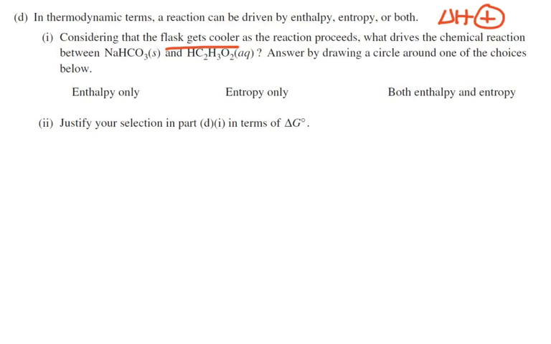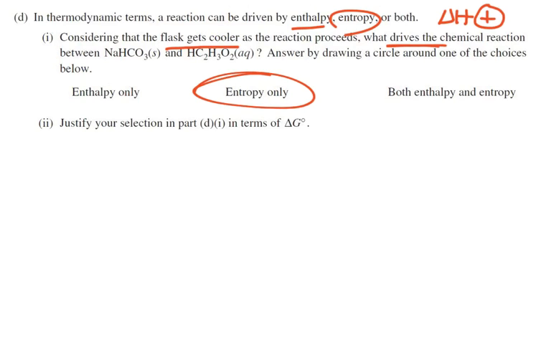A positive delta H is not going to drive the reaction, because things tend to go downhill potential energy-wise. Exothermic reactions would drive it, not endothermic. This reaction is willing to go uphill because of entropy, so it is an entropy-driven reaction.